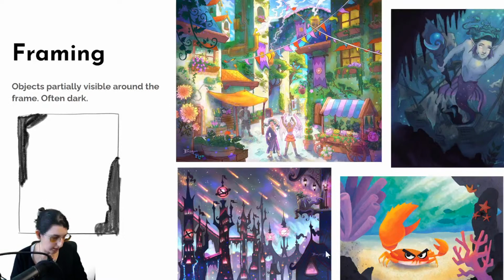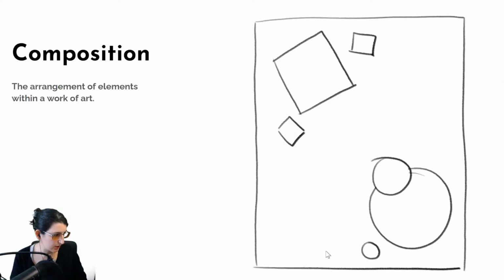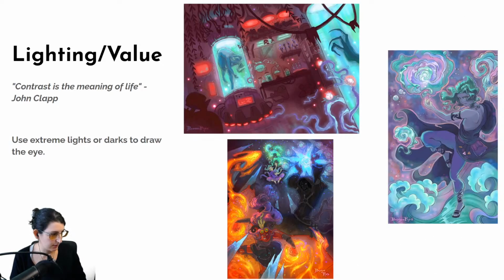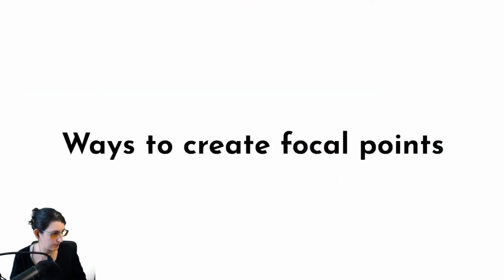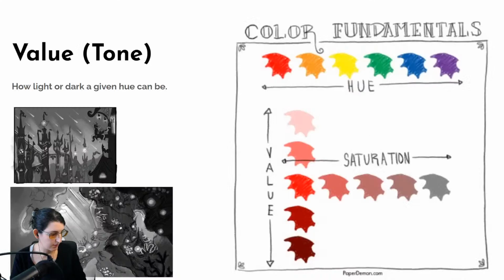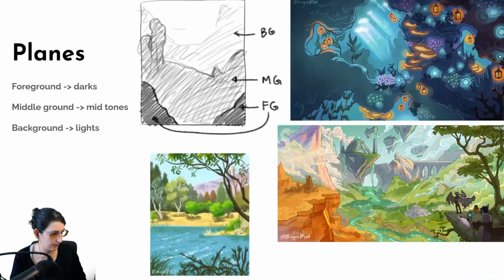So if we go back to when I was talking about planes, here we go, planes. When we were talking about planes, foregrounds, you group them into darker values. It helps a lot if those framing elements have a very similar tonal structure and almost look like the same shape.